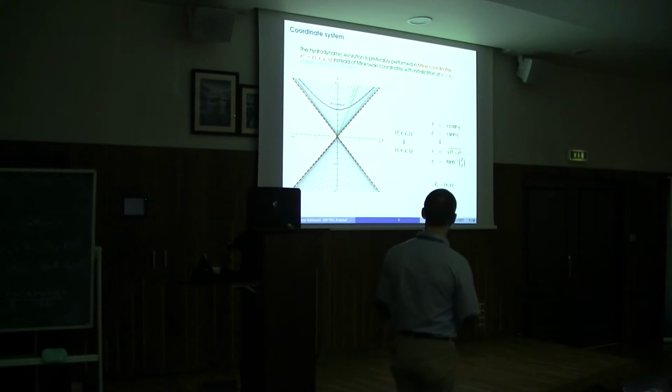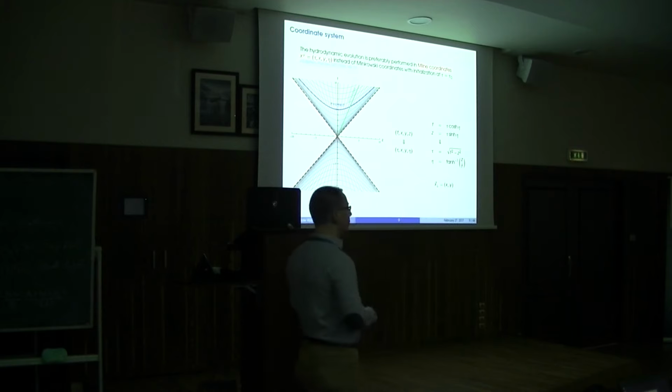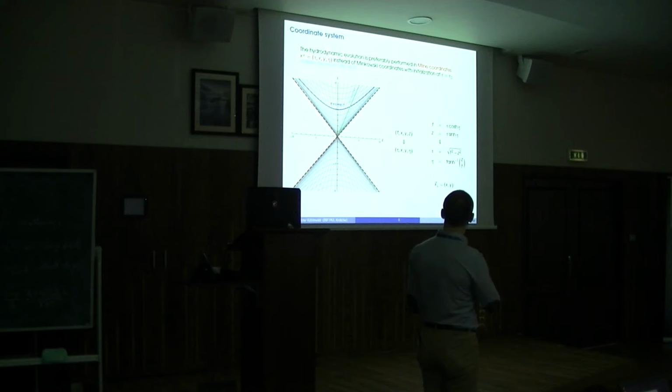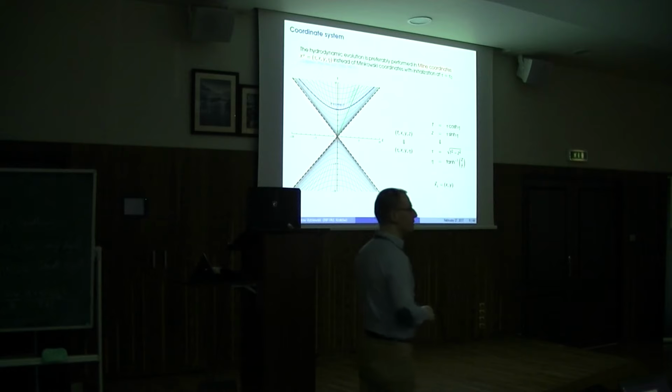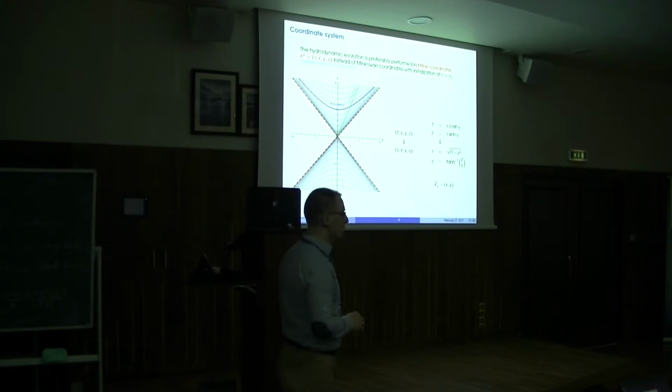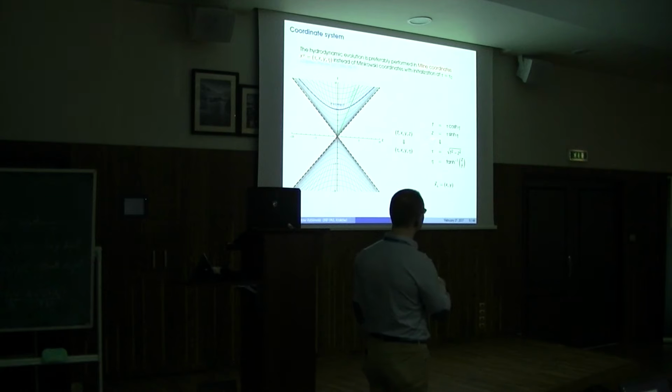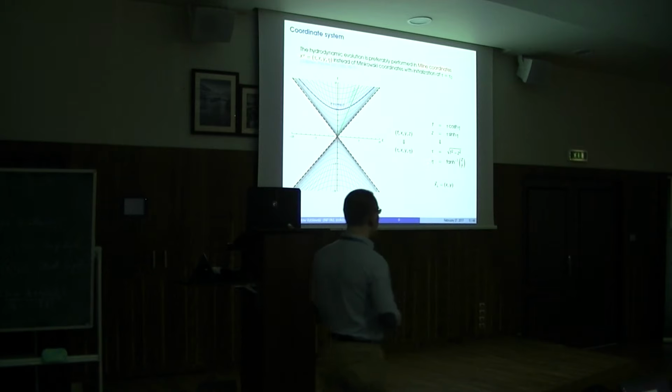Because of the more or less boost invariance in the mean rapidity, we usually use the so-called Milne coordinates instead of typical Minkowski coordinates, so that the t and z coordinates are exchanged in favor of tau and eta, which are the longitudinal proper time and the space-time rapidity.